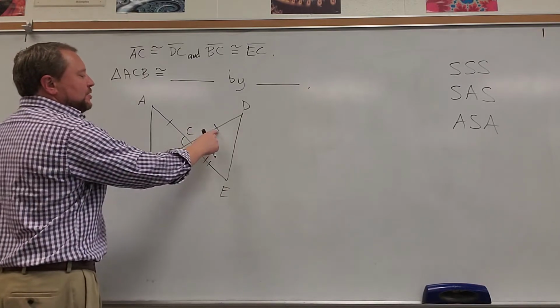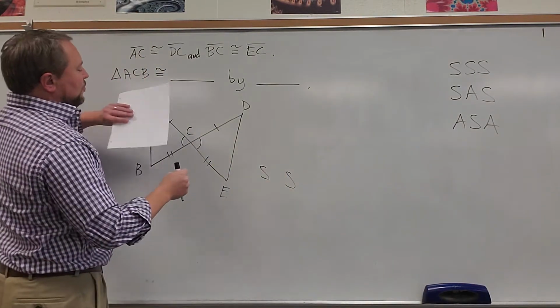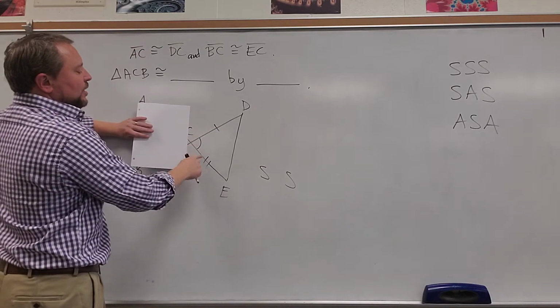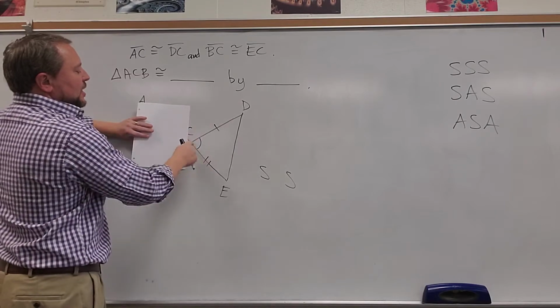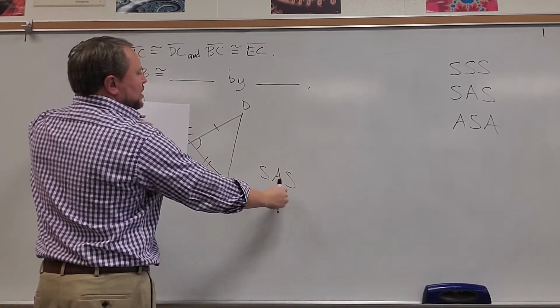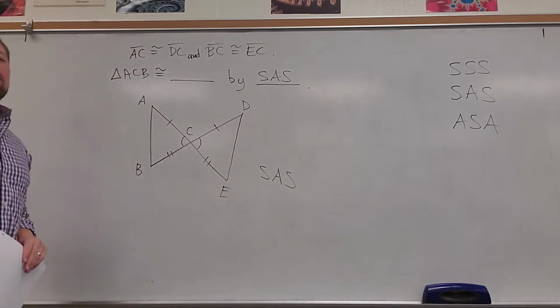As you can see, it's two pairs of sides on each triangle. If I were to cover that up, two sides, and that angle is the one in between. This side and that side meet at that angle. So SAS would be our method that we're going to use to prove the triangles congruent.